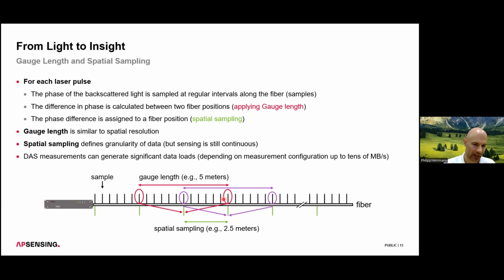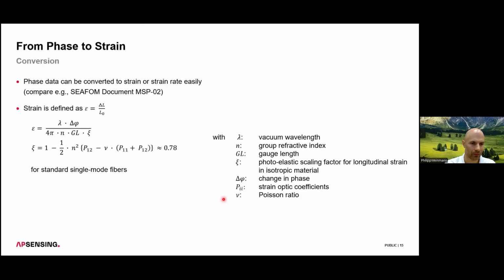Okay, now that I have introduced phase data, how can we convert phase data to strain? There's not much to explain, actually. So I'm just presenting the formulas. The formulas can be looked up also in other documents. There are textbooks about DAS.